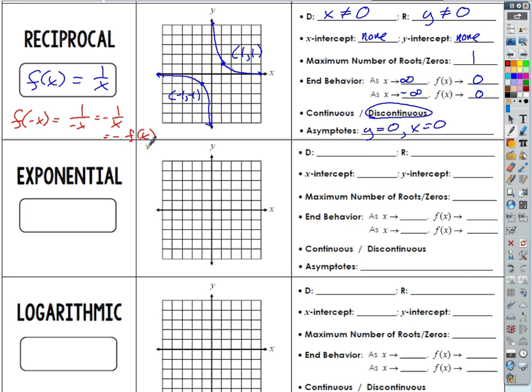Okay, what about an exponential function? Can you see the graph in the calculator? Yeah, let's do that. So here's what it looks like.